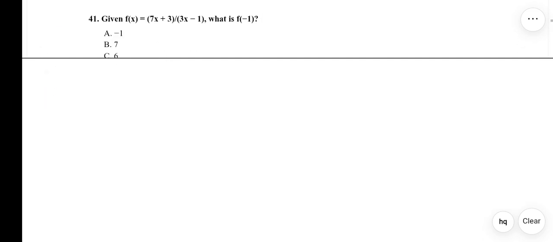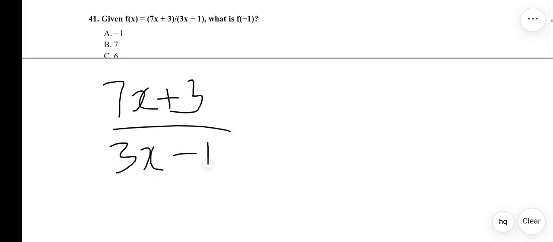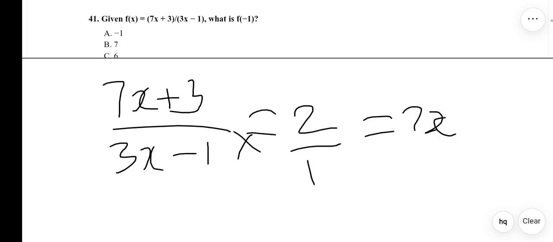So for this function, my f of x is this 7x plus 3 all over 3x minus 1.